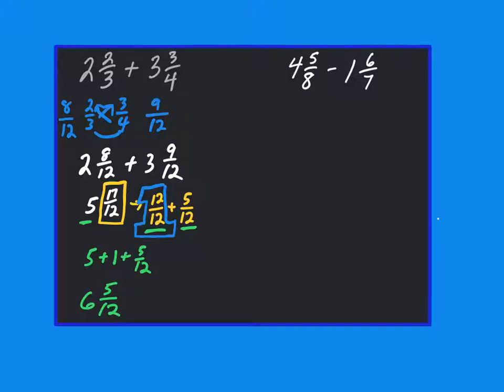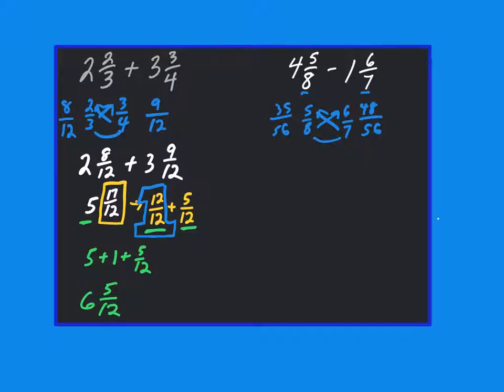Now let's take a look at subtraction. Subtraction, we are going to follow much of the same setup here. First thing we need is we do not have common denominators, so we need to get them. So we are going to take them, cross multiply. 48 over 56. Let's rewrite.